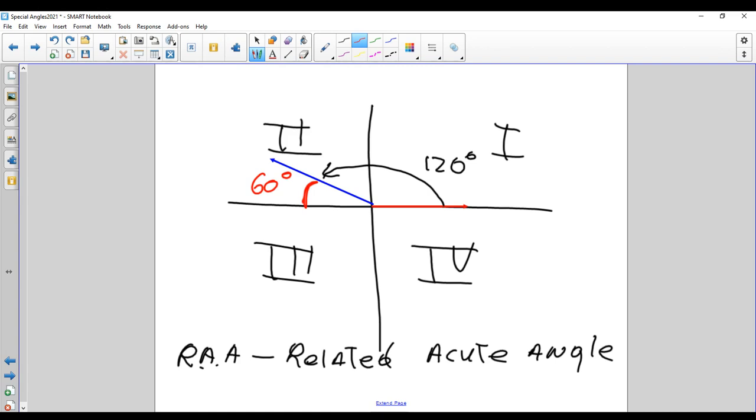That number is the number we're going to use. That related acute angle is what we're going to be using to represent the 120 degrees. But bear in mind, it's in the second quadrant. And that's going to be significant for when we try to get our answers in a few minutes.